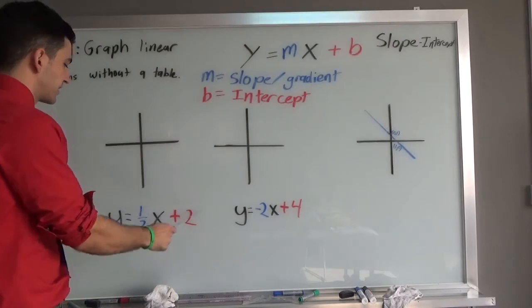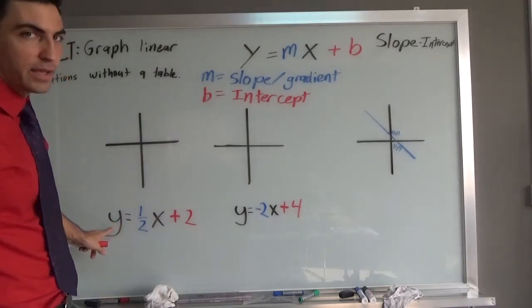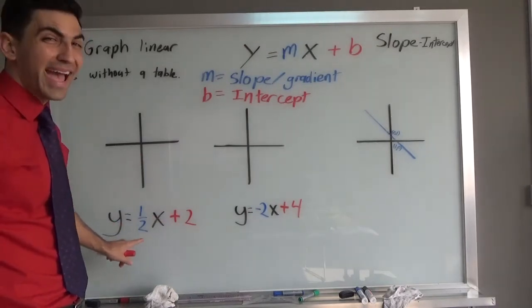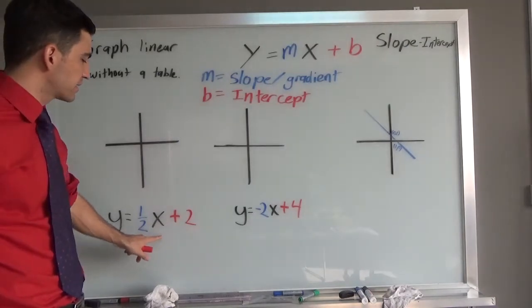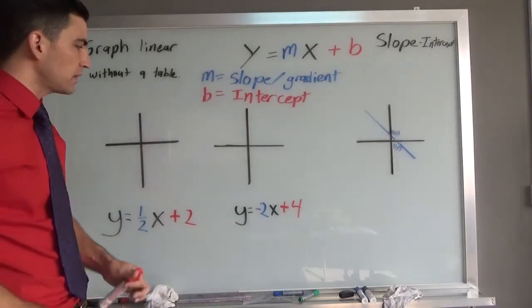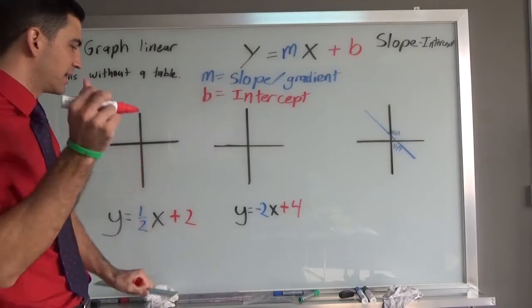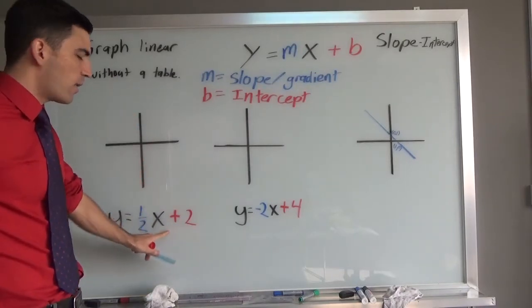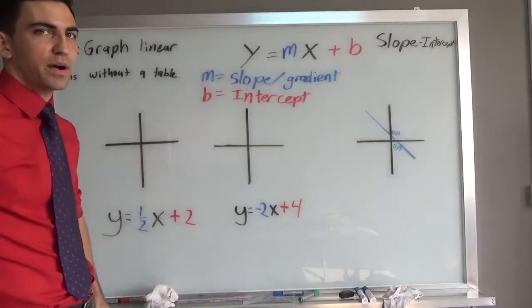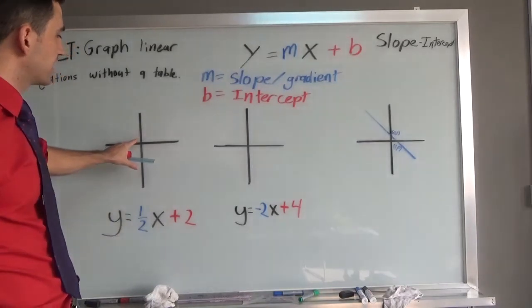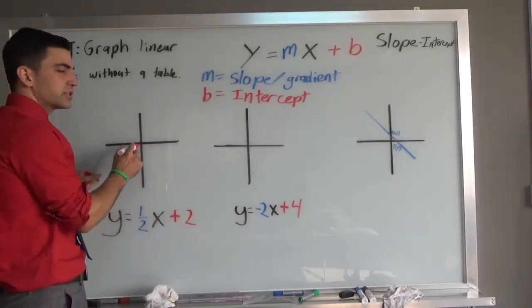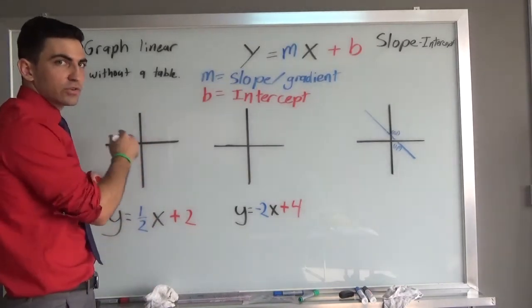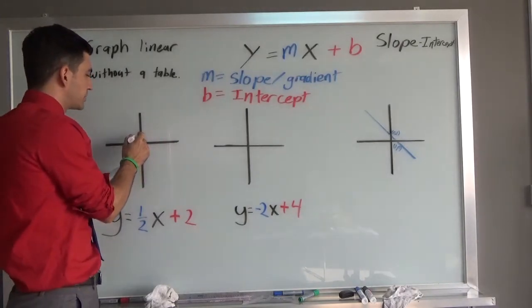So our first example, y equals 1/2 x plus 2. Right off the bat, I see that my y-intercept is positive 2. So I can see that the origin is where my axes cross, and I'm going to go up 2 spaces here.